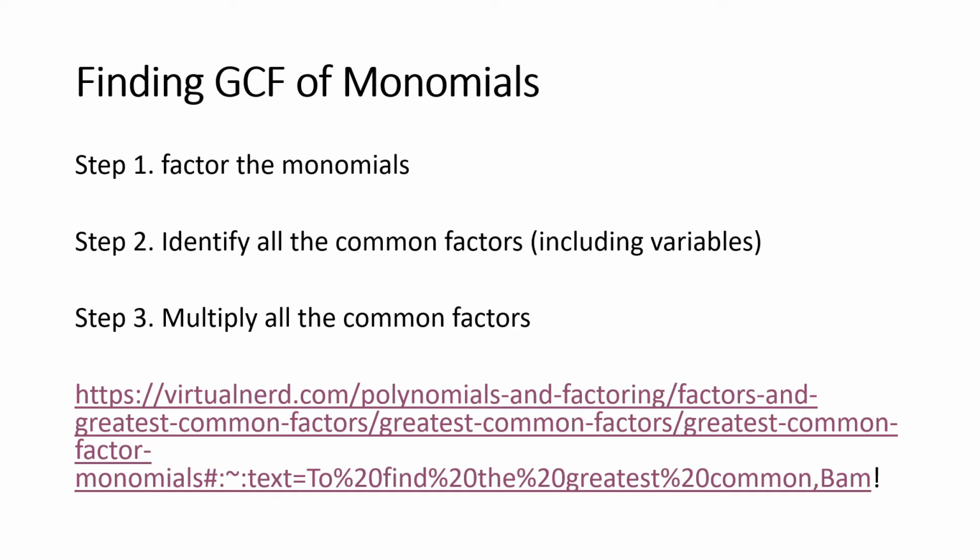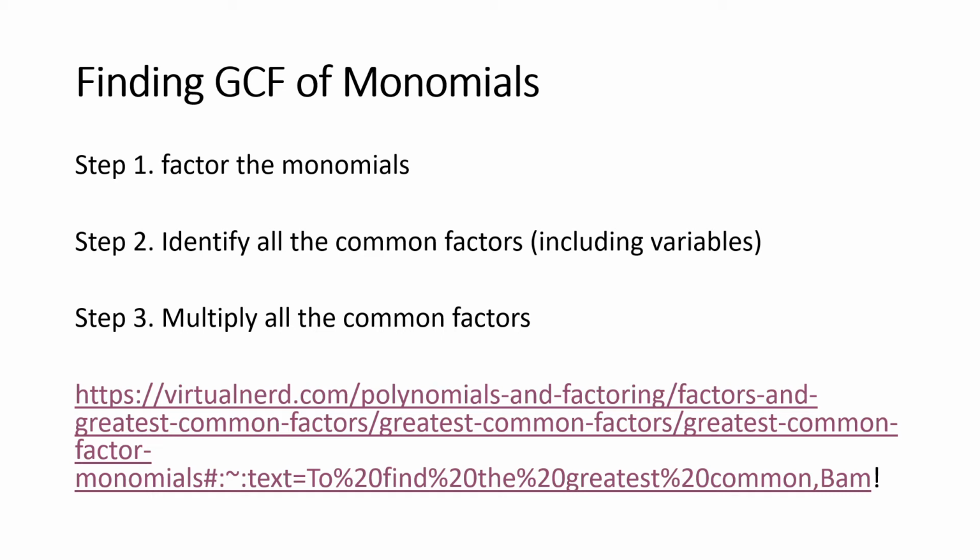So to find the greatest common factor, we need to take all of the common factors and multiply them together. So if we have the common factors of 2, x, and y, we multiply them, and we get 2xy. So 2xy is our greatest common factor among these 4 monomials.